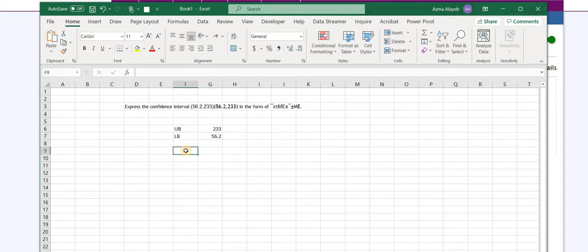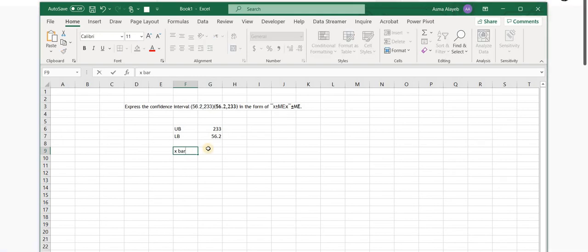So in order to find X bar, we know that X bar is equal to the sum of the upper bound and the lower bound divided by 2. I'm going to say equal to, and I will put my parentheses, upper bound plus lower bound, and then close the parentheses divided by 2. So that's my X bar.